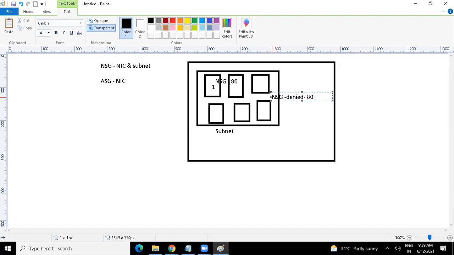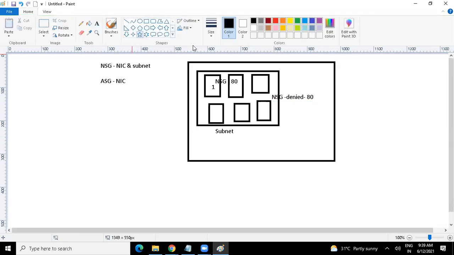Now let's say traffic is coming from the internet, from some laptop. This is my laptop. Traffic starts from here and is going to VM number 1. First, it will hit the subnet. If port 80 is denied there, the traffic will be denied here. It would not be able to reach the VM, right? Yes.